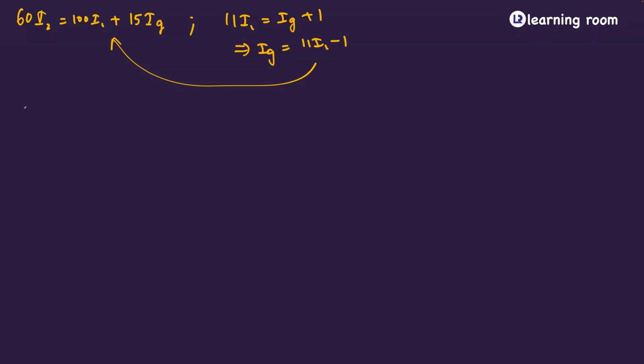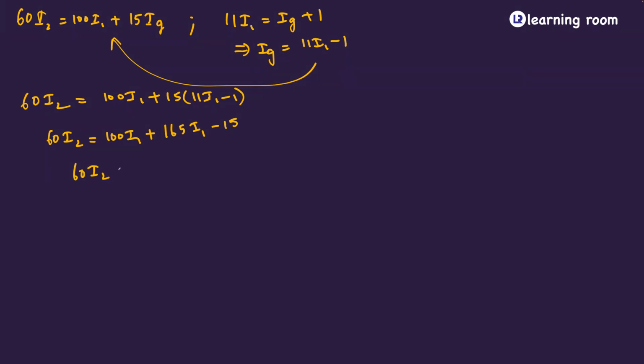So it is better. 60 I2 is equal to 100 I1 plus 50 into 11 I1 minus 1. So this will become 60 I2 is equal to 100 I1 plus 15 into 11 is 150 plus 15, 165. So 165 I1 minus 15. Right. So 60 I2 is equal to 265 I1 minus 15.